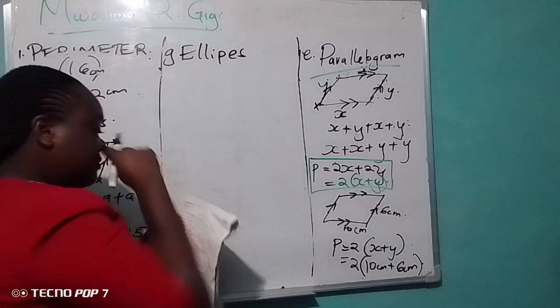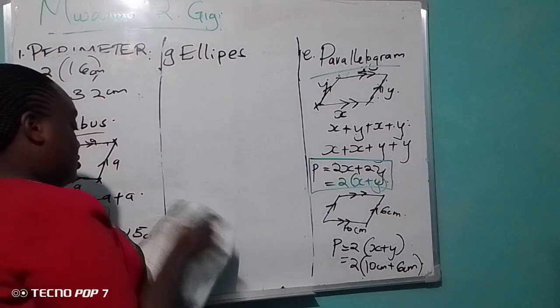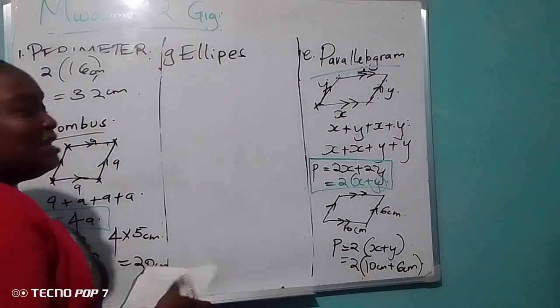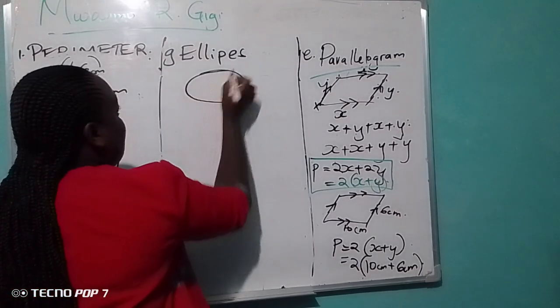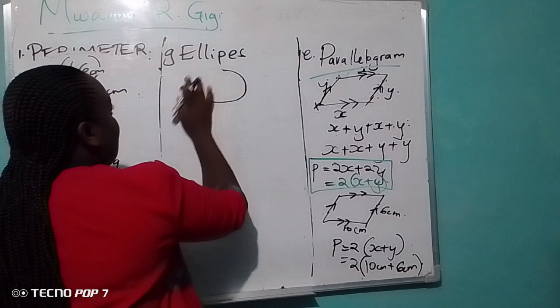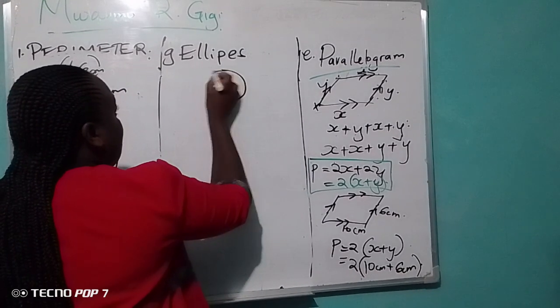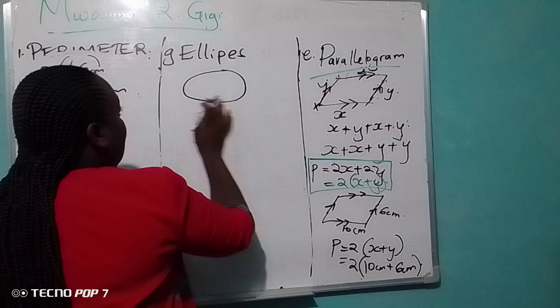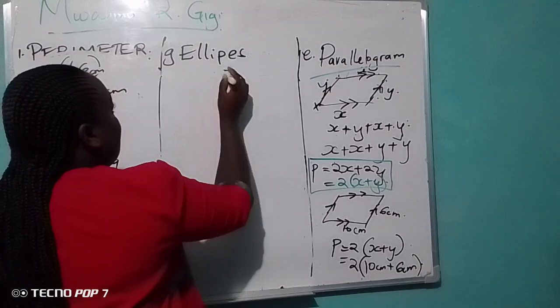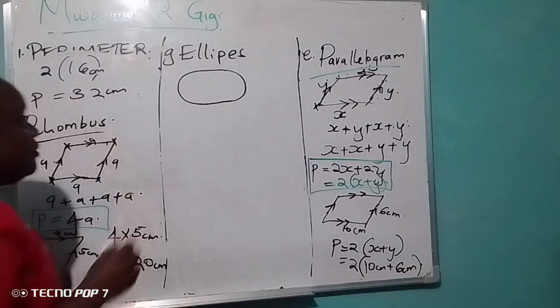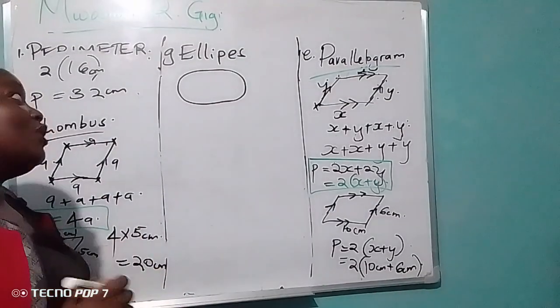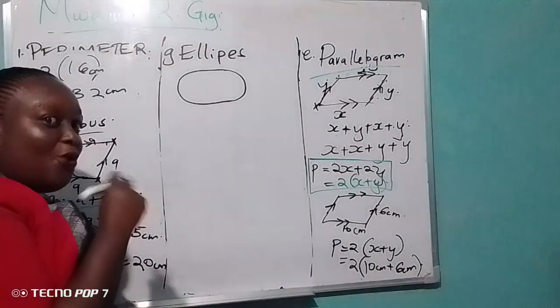Kuna E. Ellipse ni kitu kama ka oval. Kitu kama hiyo. So, hii ndio ellipse, kitu kama ka oval.